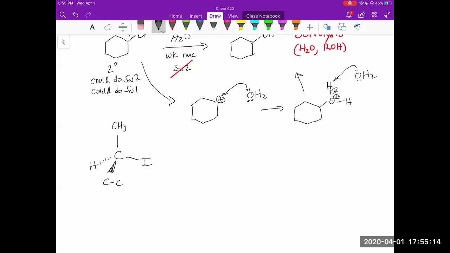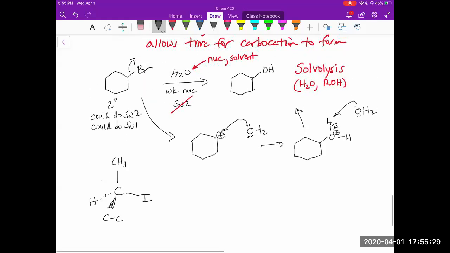So does that mean that we usually see solvolysis in SN1 reactions? You'll see solvolysis in an SN1 when the only thing there is solvent. See, the only thing I had over my arrow was water. That's solvolysis. That's how you can recognize it.